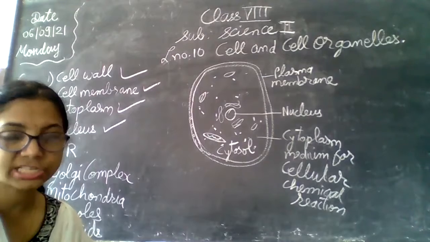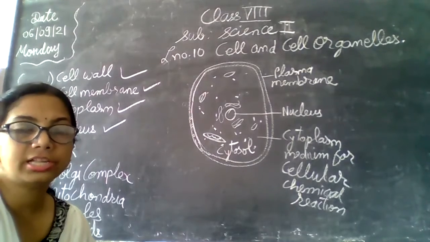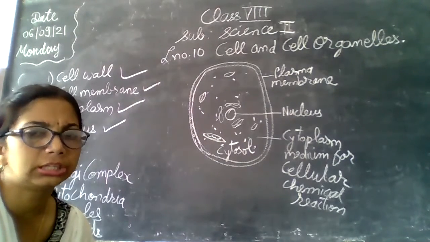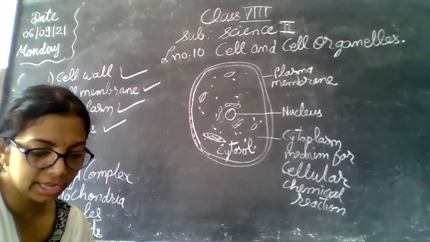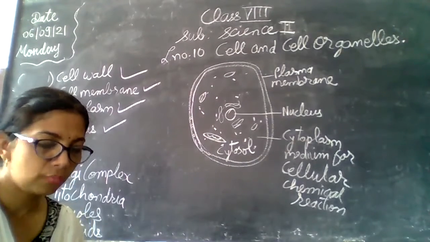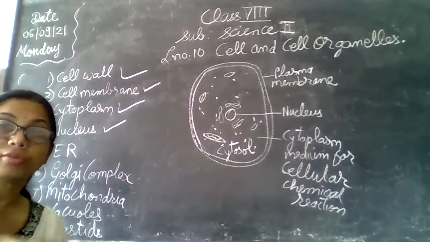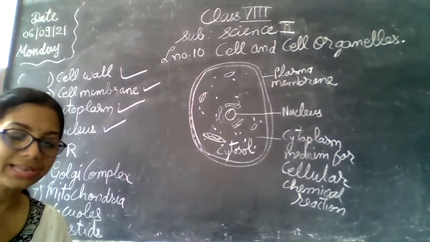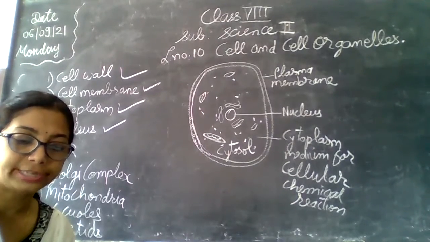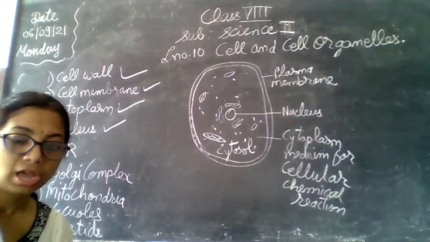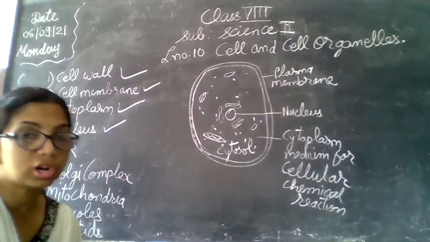Onion peel cells can be seen, and inside that, one darkly colored dot is visible. That is the nucleus. When observed under an electron microscope, we can see that the nucleus is covered by a double layered membrane with small pores.